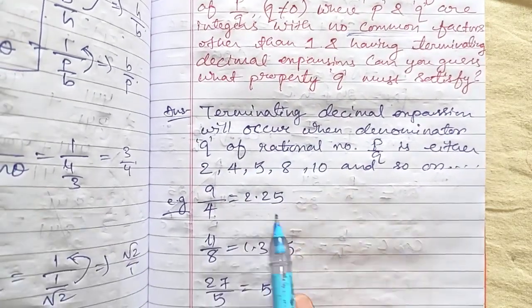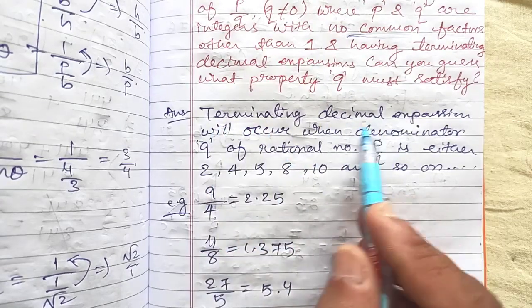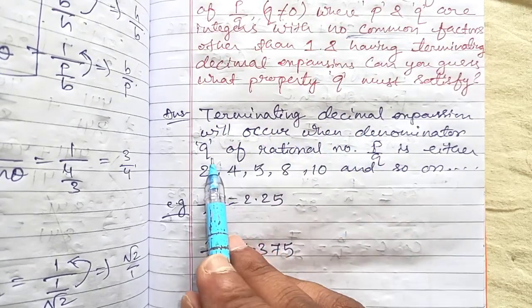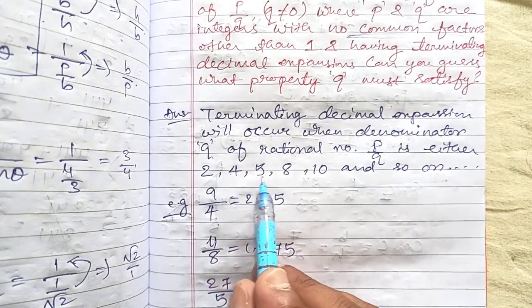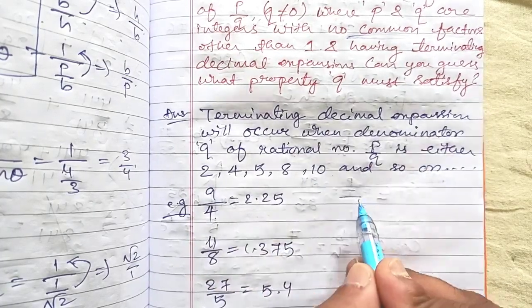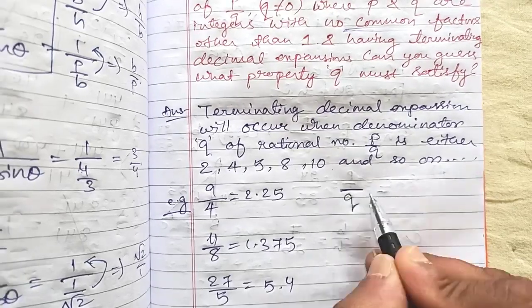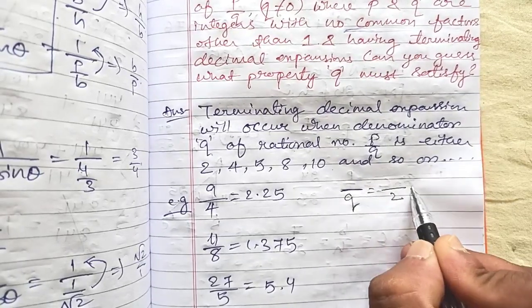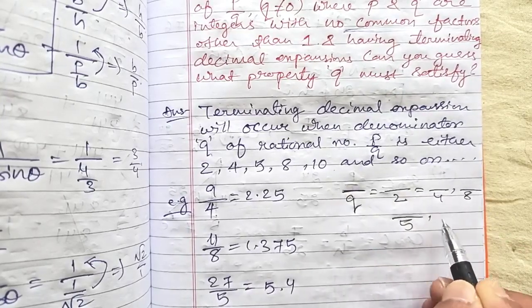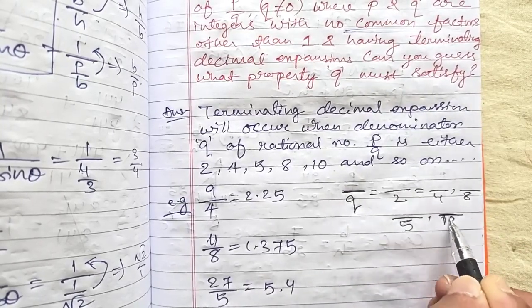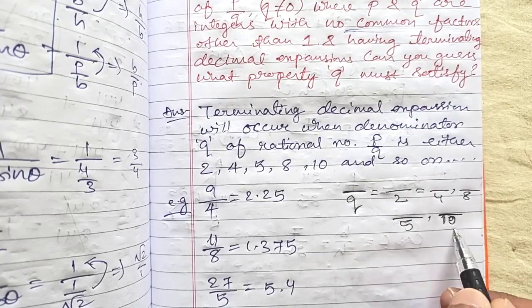There is an answer I wrote. Terminating decimal expansion will occur when the denominator q of the rational number p by q is either 2, 4, 5, 8, or 10. That means the denominator q should be either 2, 4, 8, 5 or 10.